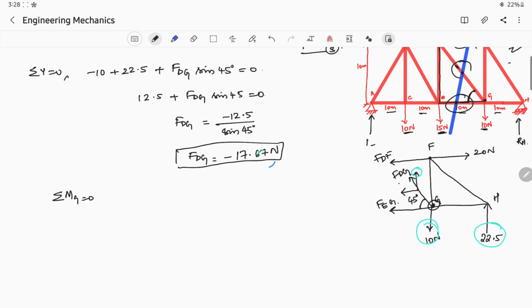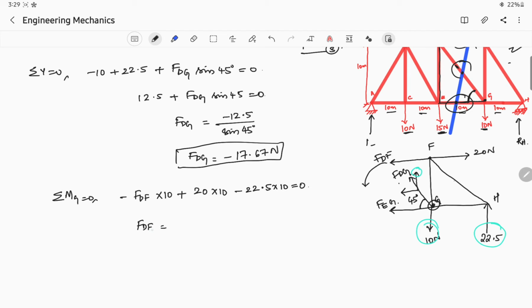So minus FDF into 10. This one is going in anti-clockwise direction, right? So minus FDF into 10 plus 20 into 10 minus 22.5 into 10 minus 22.5 into 10 equal to 0.